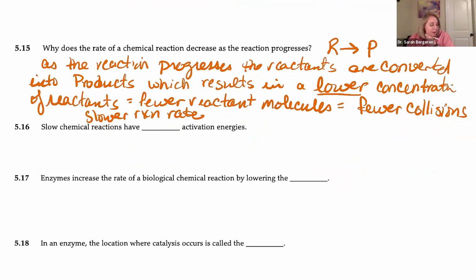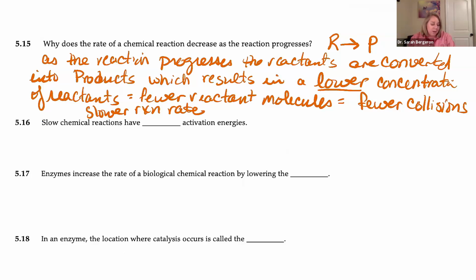Okay, enzymes increase the rate of a biological chemical reaction by lowering the what? So remember, if you started out here and you ended up here, here was our normal reaction, but what happens when we add our catalyst? When we add our catalyst, we're still going to start at the same place, we're still going to end at the same place, but we're going to have a much smaller hill that we have to get over, a much smaller push that's going to have to happen to make the reaction go.